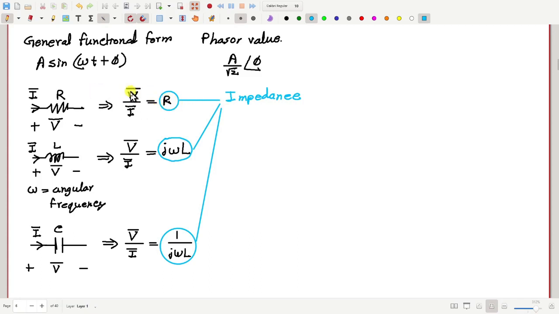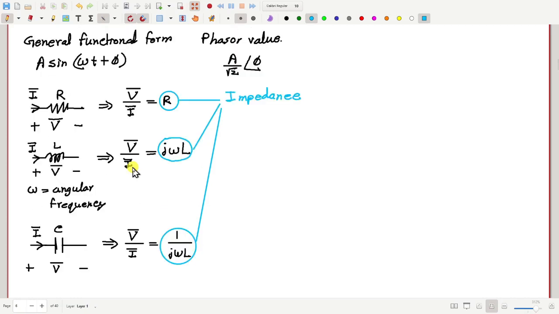Here the ratio of Phasor voltage and Phasor current is called, in general, the impedance. So the voltage and current, their Phasor values, are related by an equation very similar to Ohm's law, even in steady state AC circuits.